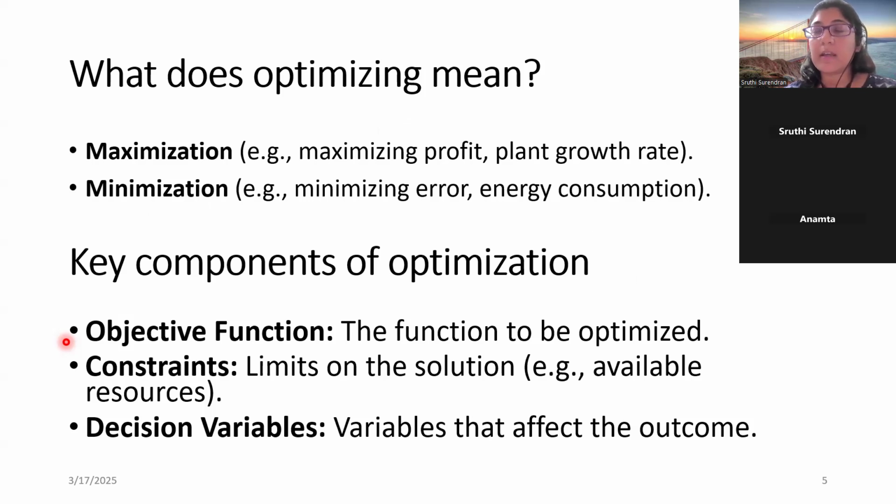Some examples of maximizing are when we want to maximize our profit, our yield, or the growth of the plant. All these are optimization by maximizing the result. Then minimizing can be minimizing the loss, the error, the amount of fuel that is used, or the cost.